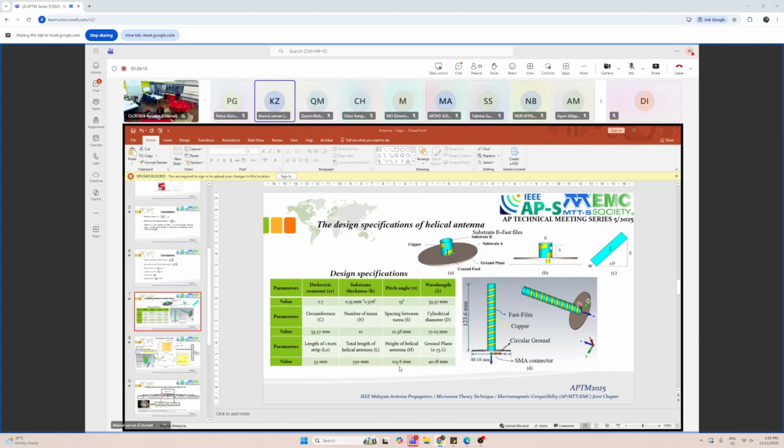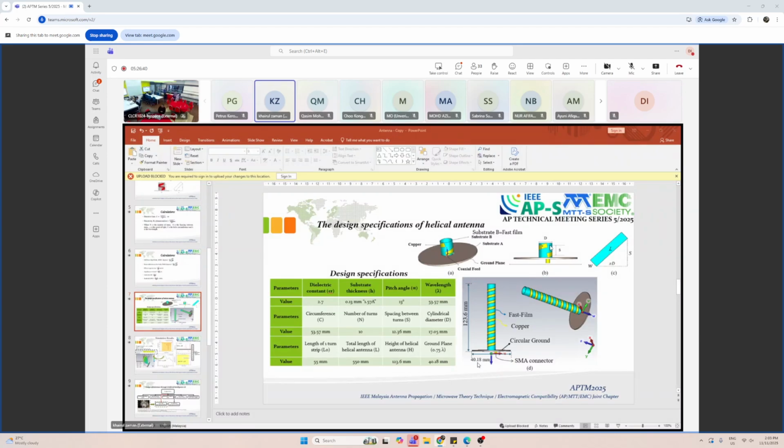Times 10, it will be 123.6 mm. With the ground plane of 40.18 mm.